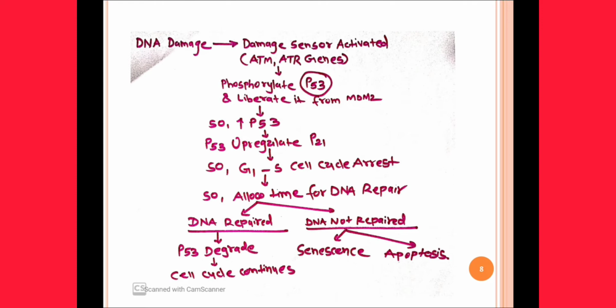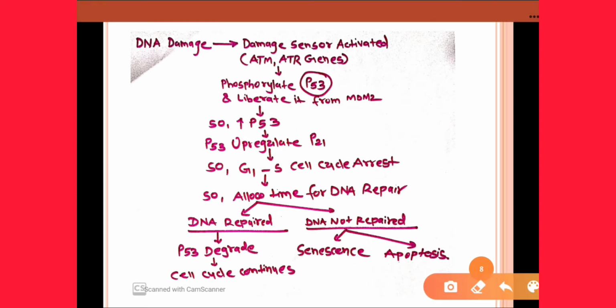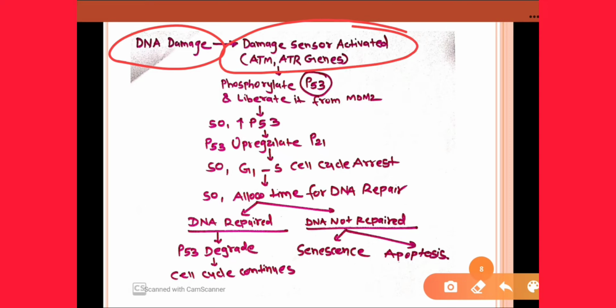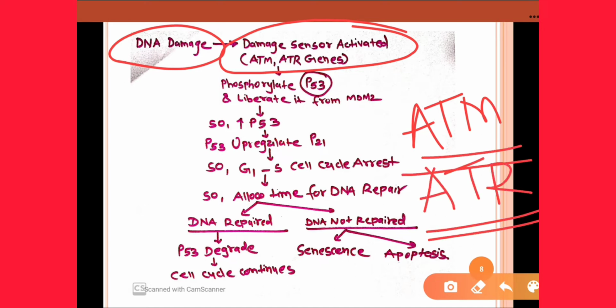So guys, this particular figure is prepared by me and it is very easy to understand. Whenever you have DNA damage, what happens? Your DNA damage sensors will get activated, particularly the ATM gene, that is ataxia telangiectasia mutated gene, and the ATR gene. These two genes are getting activated.